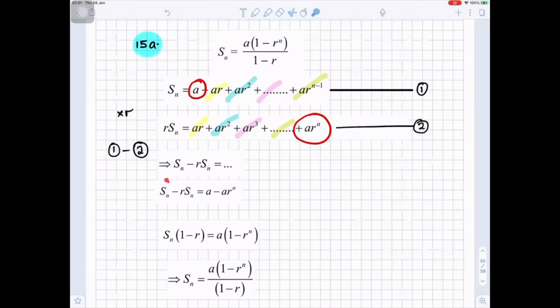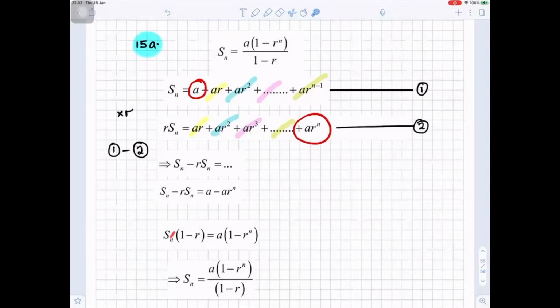We can factorize. This is like Sn times 1, so Sn can come out, and you're left with 1 minus r. This is like a times 1, so a can come out, and you're left with 1 minus r to the power n.